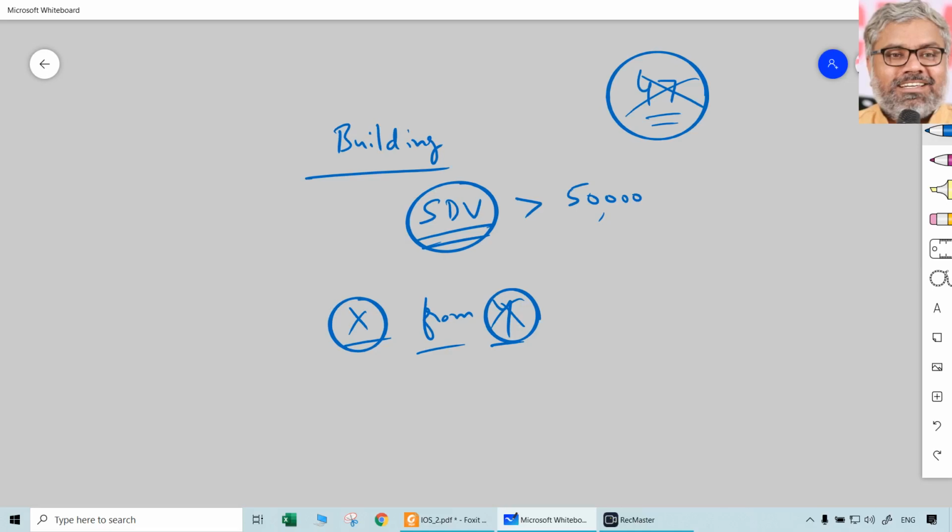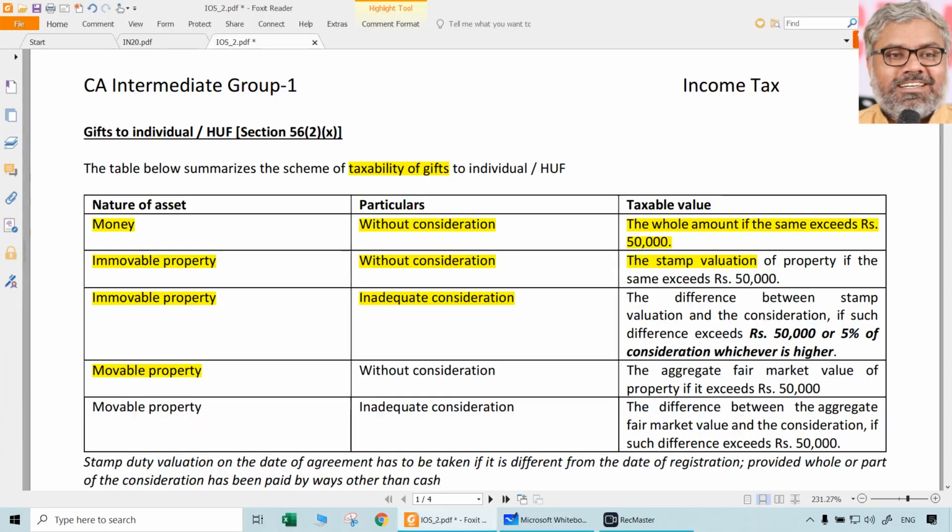But for the transferee, X, it becomes taxable. Whatever the stamp duty value of that building is, the entire amount is taxable. Imagine the stamp duty value of the building is 80,000. The entire 80,000 is taxable, not 30,000. So this 50,000 is only for condition checking, not for calculations. Once again, the entire stamp duty value becomes taxable in the hands of the recipient of immovable property for no consideration, only if that stamp duty value exceeds 50,000.